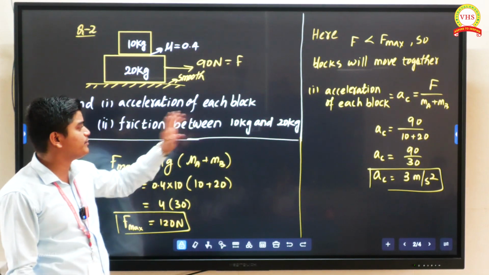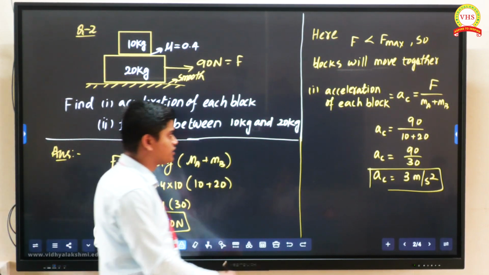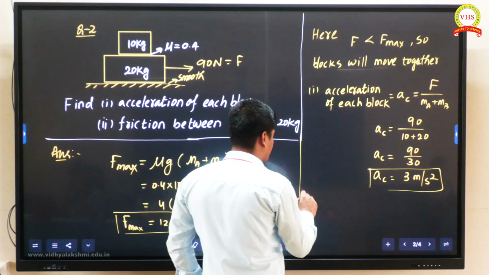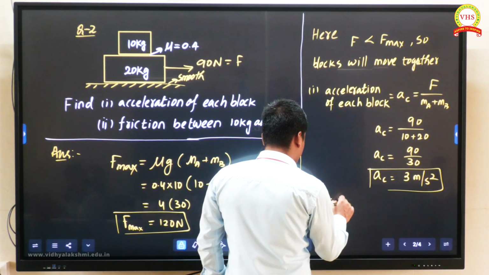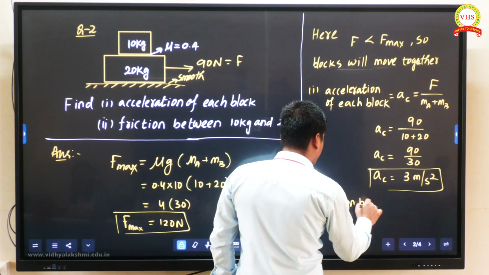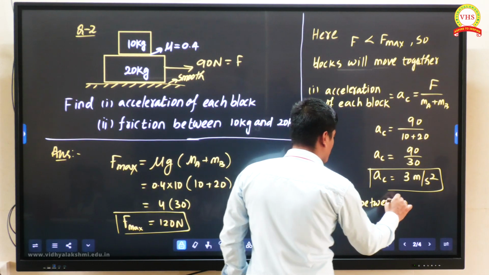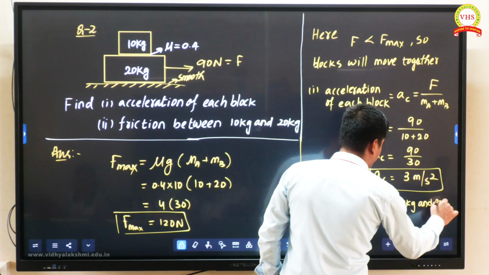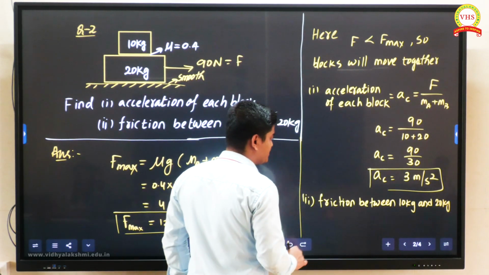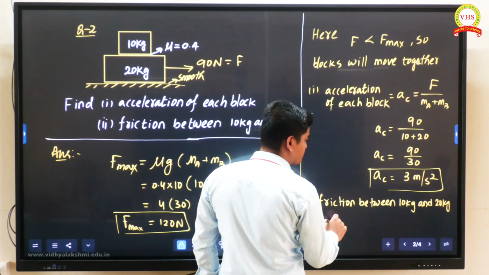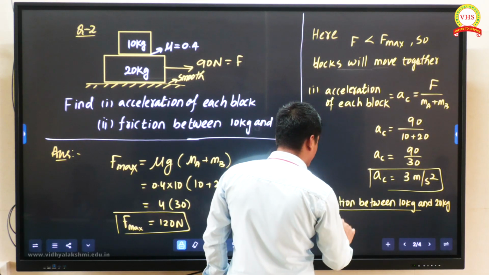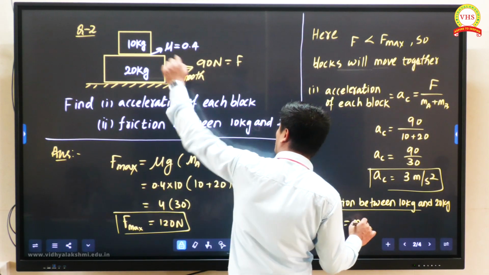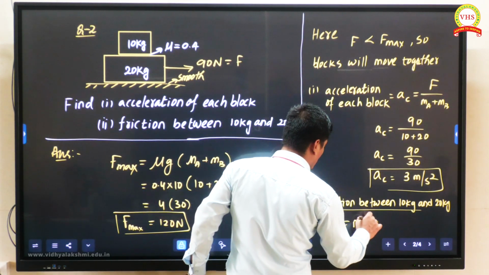Next is the friction between 10 kg and 20 kg. That formula is also given. If you check, how much will this be? This friction will be the mass of the upper block, MA, into the common acceleration.